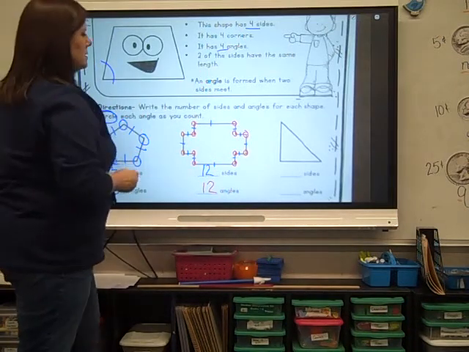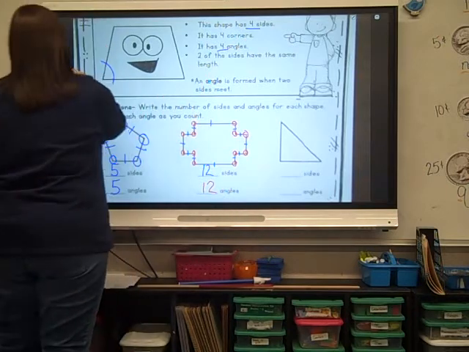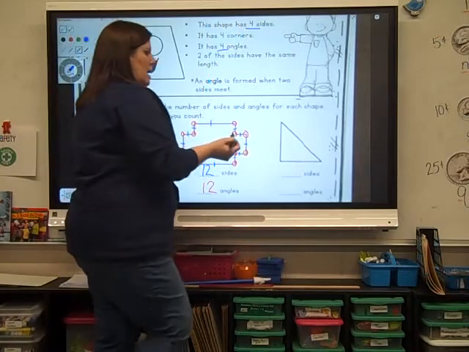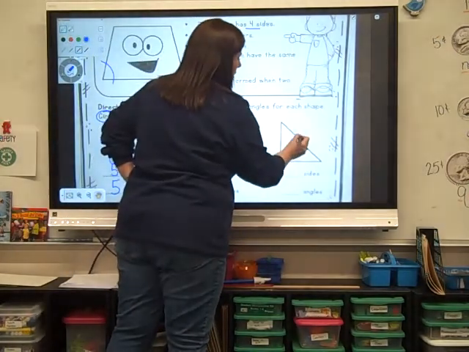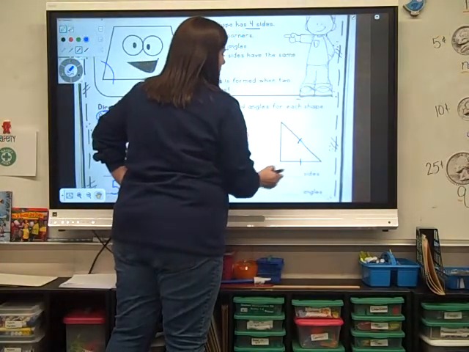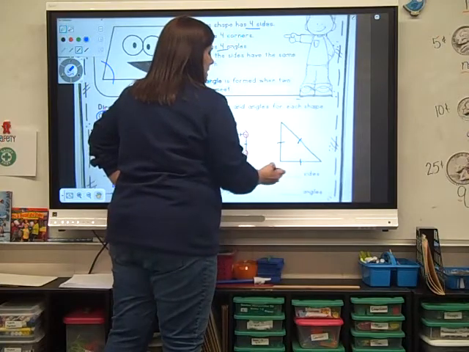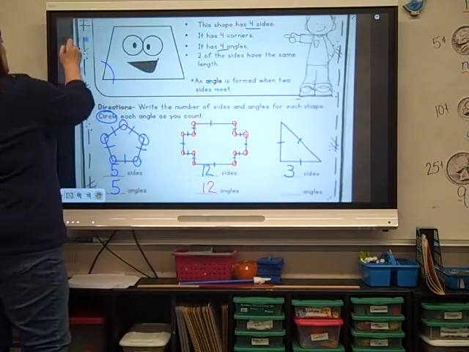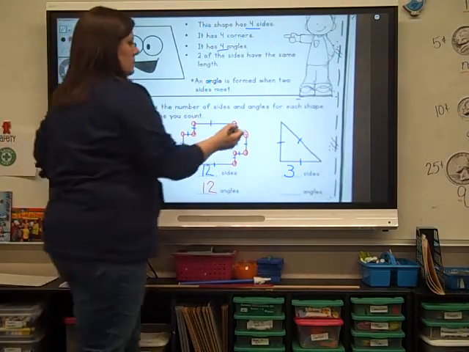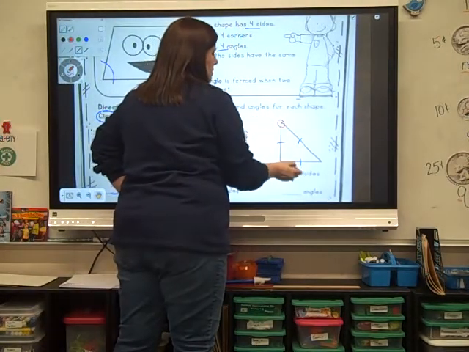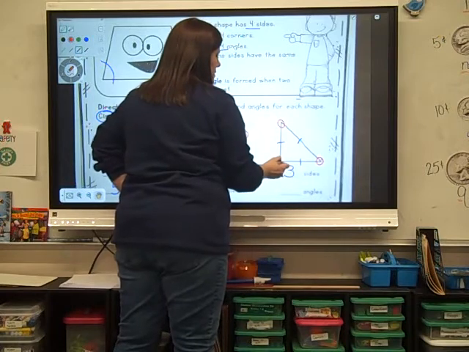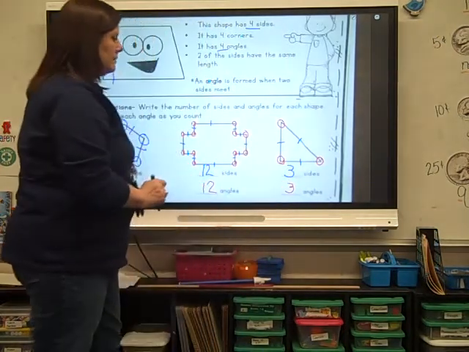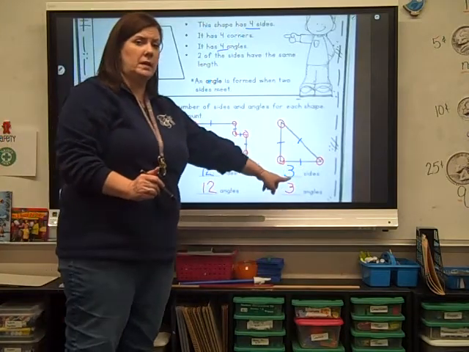Let's see if it works on this one. Let's count the sides. We know what that's called, don't we? It's called a triangle. Let's count the sides. There's one side. There's 2 sides. There's 3 sides. Now let's go circle the angles. Ready? Here's one angle. 2 angles, 3 angles. All right, pattern's holding true, isn't it?